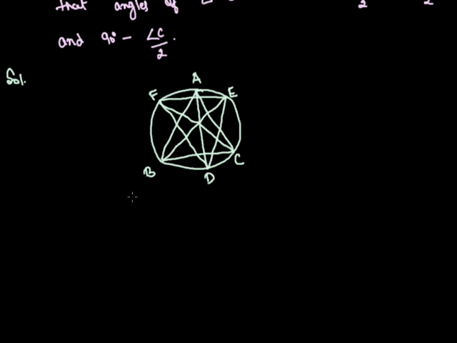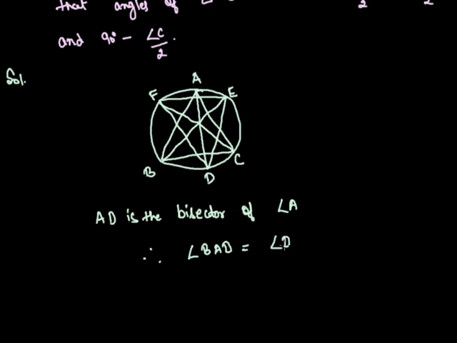Now it is given that AD is the bisector of angle A. Therefore, angle BAD is equal to angle DAC, which is equal to angle A by 2.